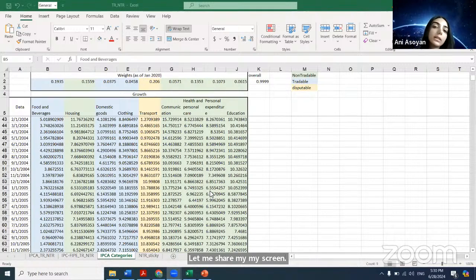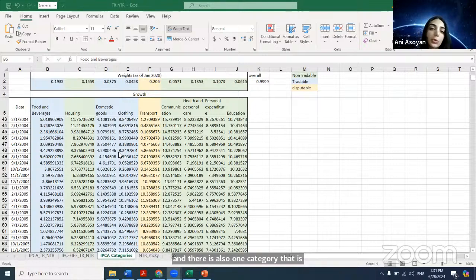So these are the categories that I was talking about. Here I have several, including food and beverages, housing, domestic goods, clothing, transport, communication, health and personal care, personal expenditure, education. As you can see from the coloring, the green ones fall into the non-tradable category, and the blue ones are the tradables, and there is also one category that is disputable.